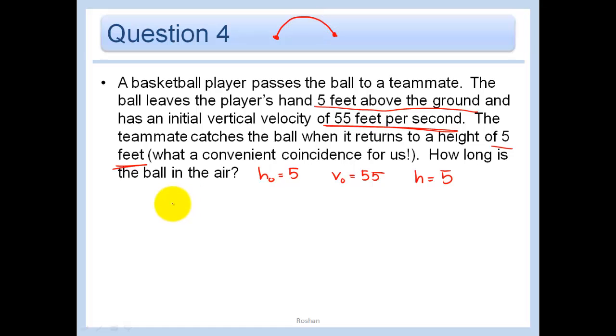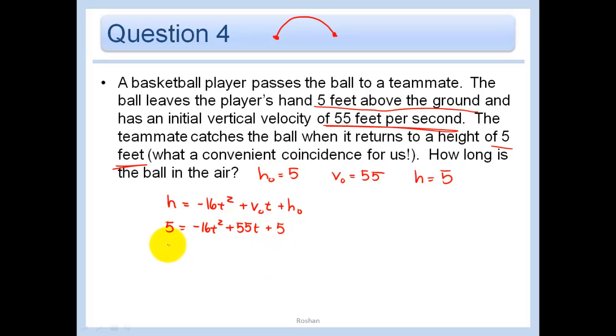Let's start with writing our equation. So our final height equals negative 16t squared plus v naught t plus h naught. Our final height is 5, so 5 equals negative 16t squared plus 55t plus 5. And so the first step is always to set it equal to 0.